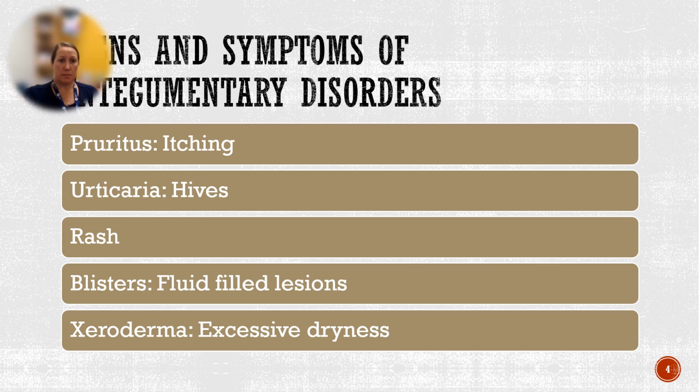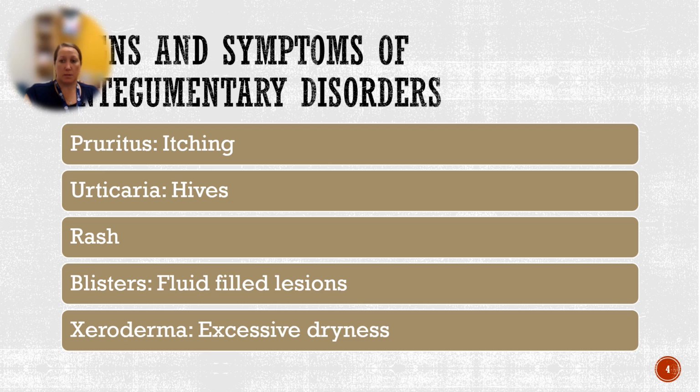Some of the signs and symptoms of integumentary disorders include pruritus, which is itching. It is one of the most common manifestations of dermatological disease and is a symptom of underlying systemic disease in up to 50% of people with generalized itching, especially among the chronically ill and older populations.